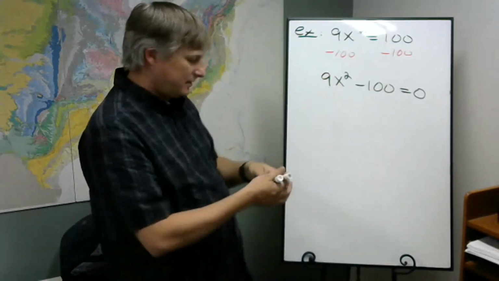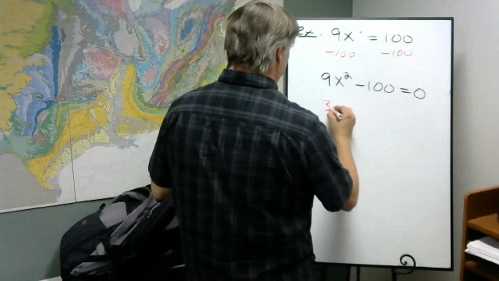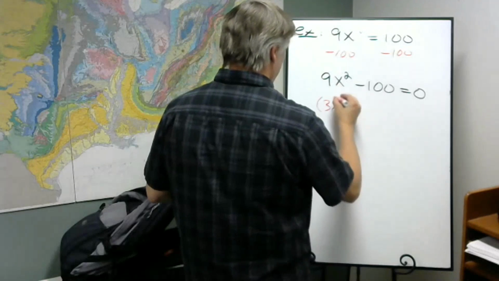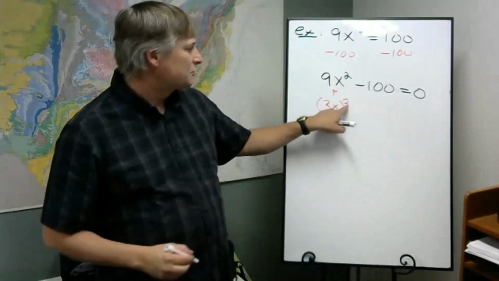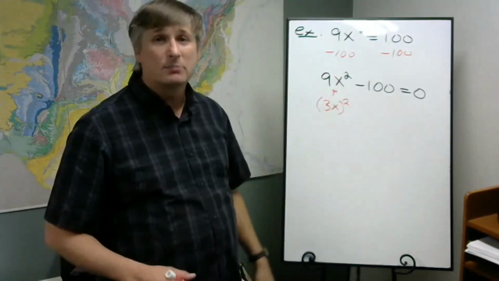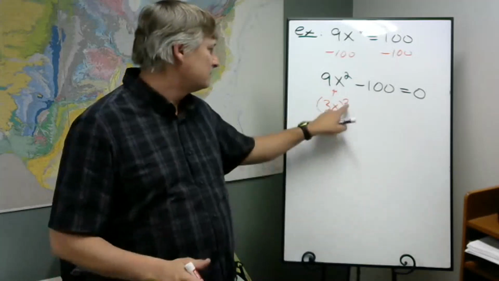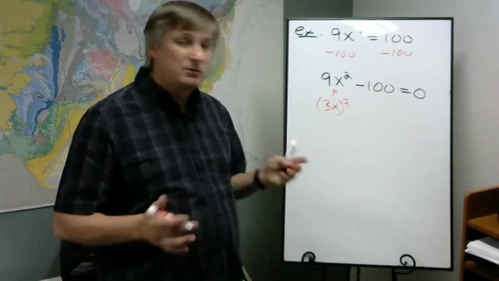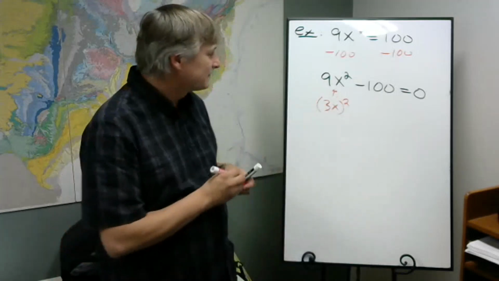Now, if we take a look here, this looks like 3x squared. If you distribute your 2, you'll get 9, and distribute the 2, you'll get x squared. Remember, you're distributing it as an exponent, not 2 times 3. You distribute it as an exponent of 3 and an exponent of x.